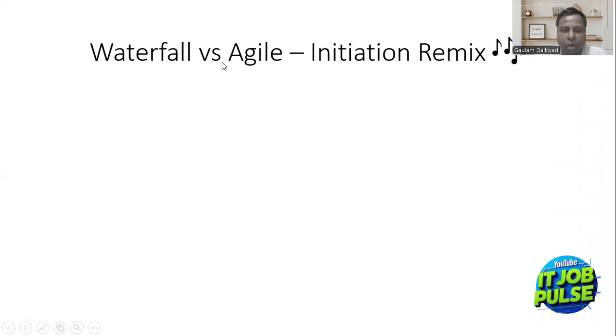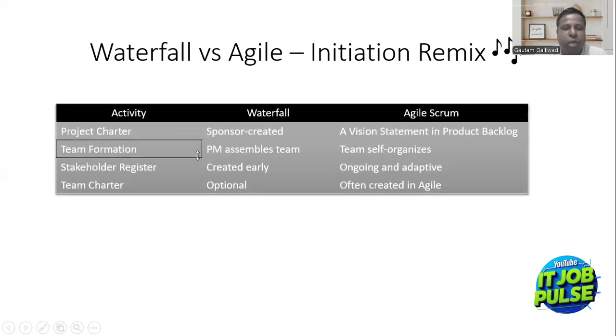We will talk about waterfall versus Agile initiation remix. So there's actually a comparison. Project charter is the activity a project sponsor creates, and in Agile Scrum, it's a vision statement in a product backlog.